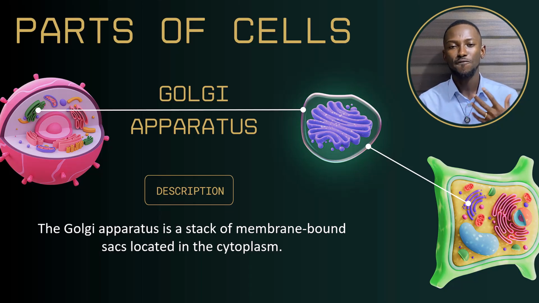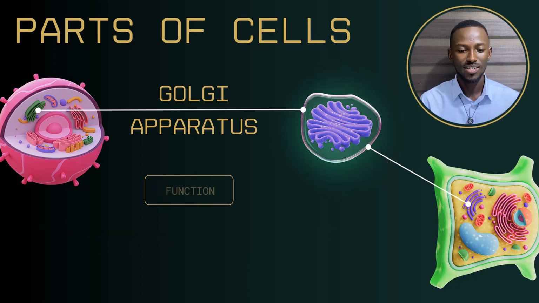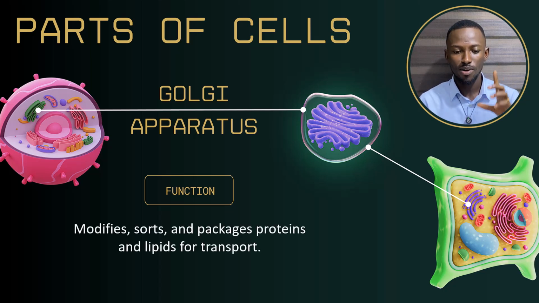So what are some functions of the Golgi apparatus? First, it modifies, sorts, and packages proteins and lipids for transport. That's one function of the Golgi apparatus.